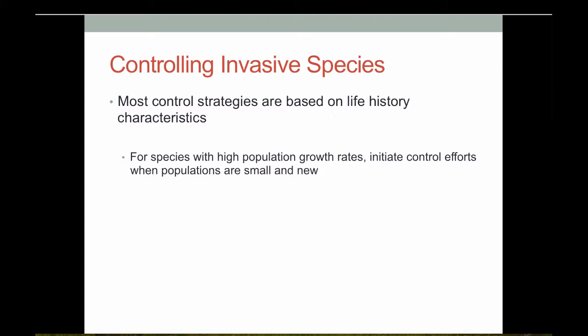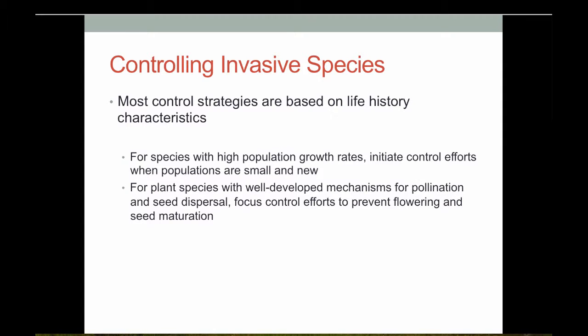And so if we have species with high population growth rates, and you know that they're going to explode once they get a foothold in these communities that you're trying to restore or that you've restored and you're trying to maintain, it's best to really keep a key on what's out there, have a good monitoring program, and then when you find them, initiate control efforts to eradicate these populations of non-native and invasive species when they're small and when they're new. Right? So again, that gold standard is hit it hard, hit it early.